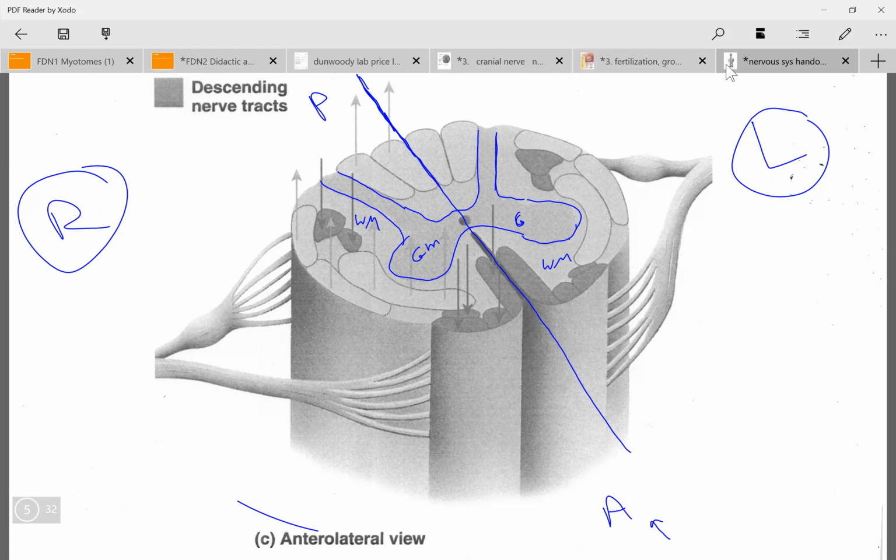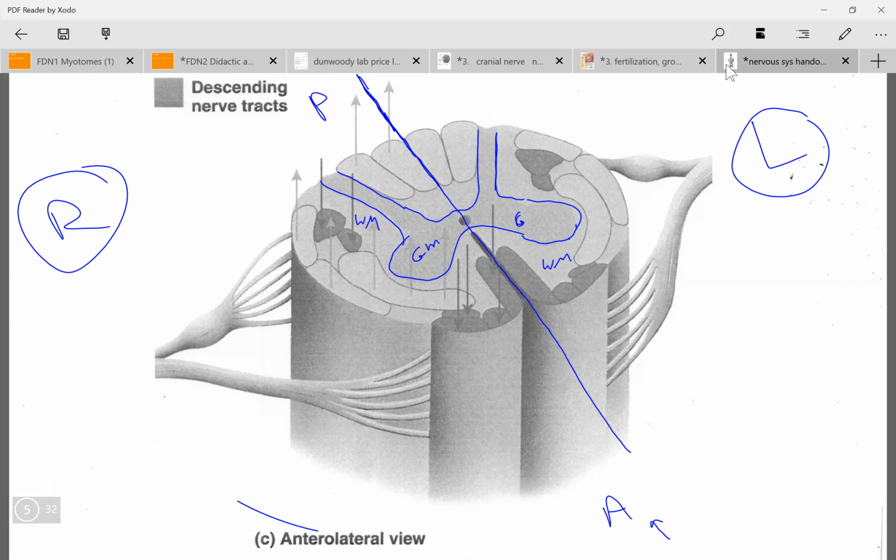And that is called when things have to cross over. So the left brain crosses over to the right body. That's called decussation. All right, we'll talk more about that in a little bit. So that's why it's important to divide the cord in half, because you have a right side and a left side.